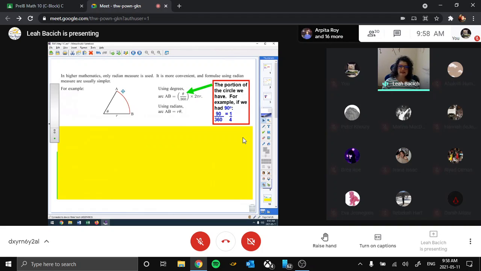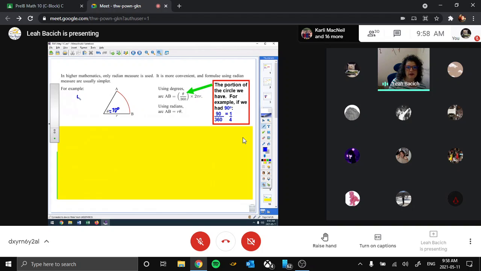So if you look at this sector right here, I would name this arc AB. So the arc of AB is going to be this portion of the angle over, what's the total amount of degrees that we have in a circle? Isn't it 360? So for example, if I said to you, this doesn't quite make 90 degrees. Let's say theta was, I'm making this up, 70 degrees.